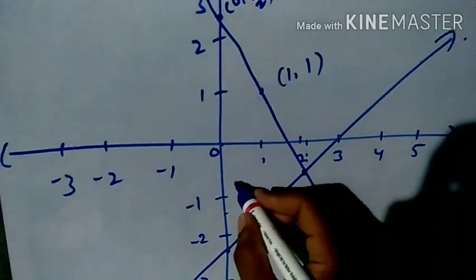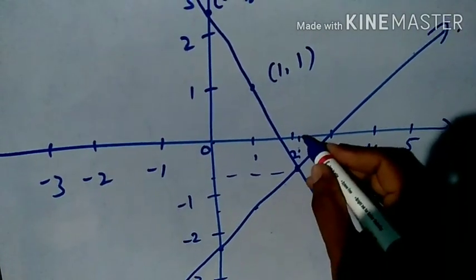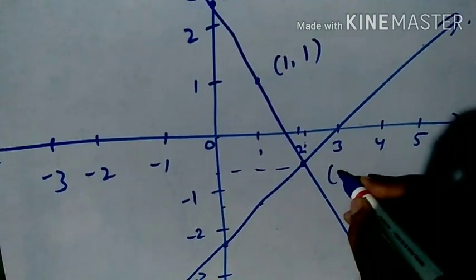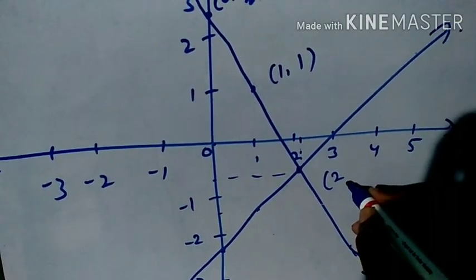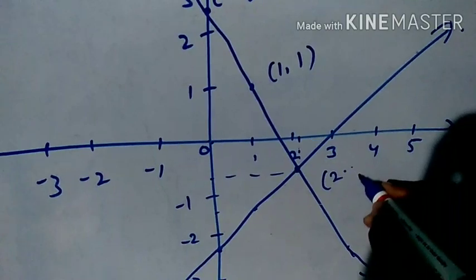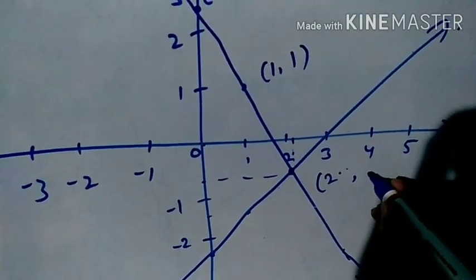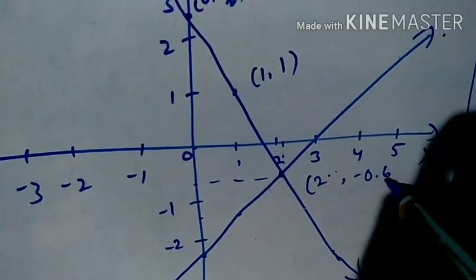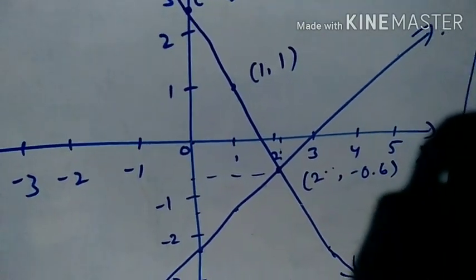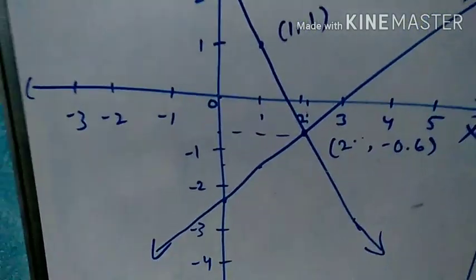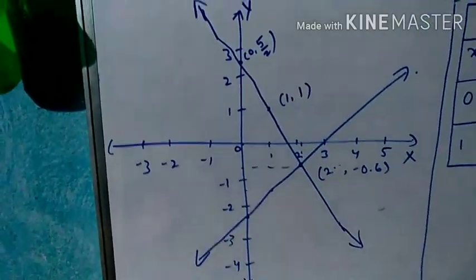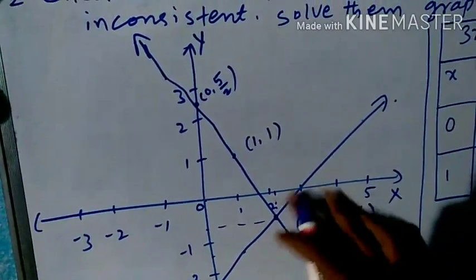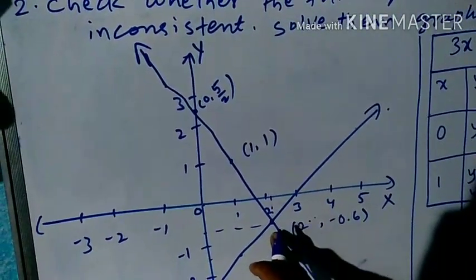This point is exactly 2 point something and minus 0.6 or 7, like this coming. So draw the graph like this. These two lines intersect at a point.